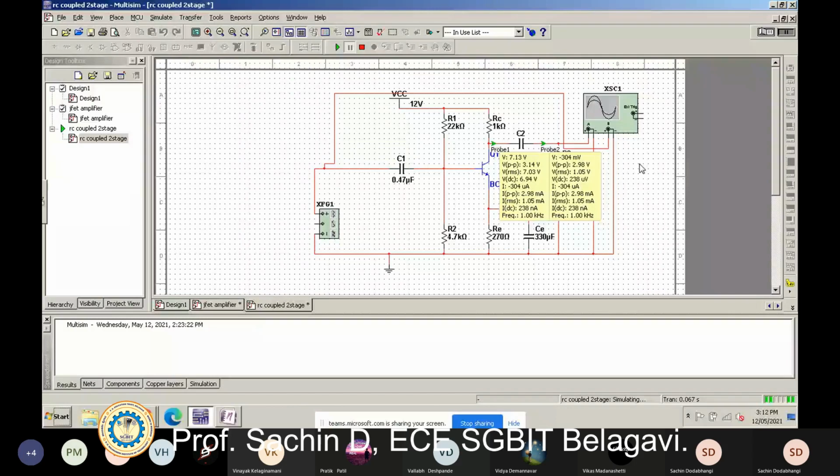At the collector, peak to peak voltage is 3.14 volt, and after passing through the output coupling capacitor, the peak to peak voltage is 2.98. So almost same. AC is same, DC is blocked here because of the coupling capacitor. Hope you are reading it.